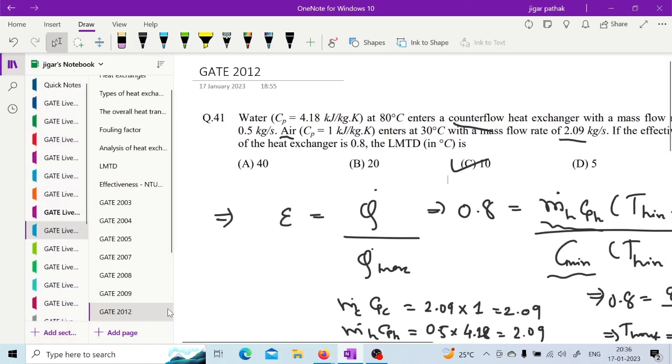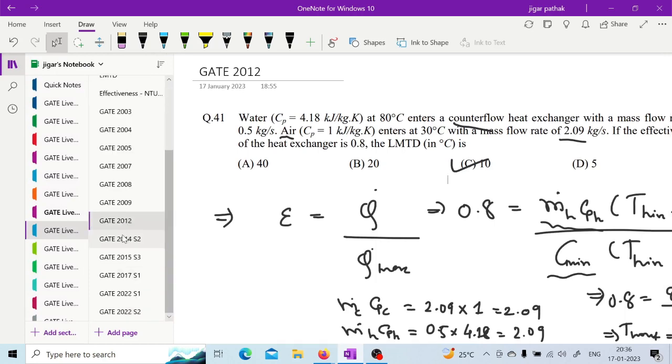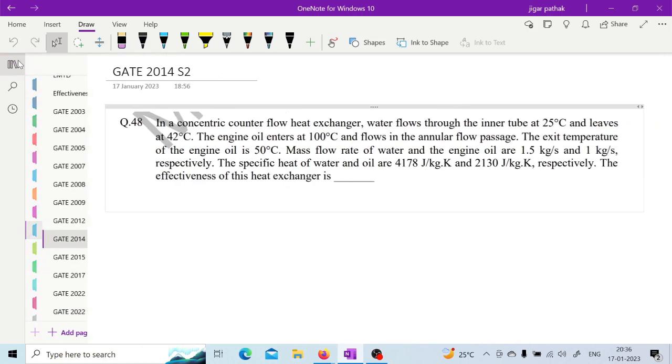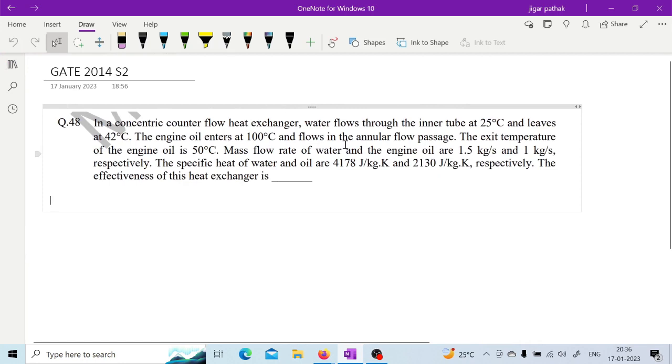So let us go to the next one. In a concentric counterflow heat exchanger, water flows through the inner tube at 25 degree and leaves at 42 degree centigrade. Oil enters at 100 degree centigrade and flows in the annular flow passage. Exit temperature of the engine oil is 50 degree centigrade.